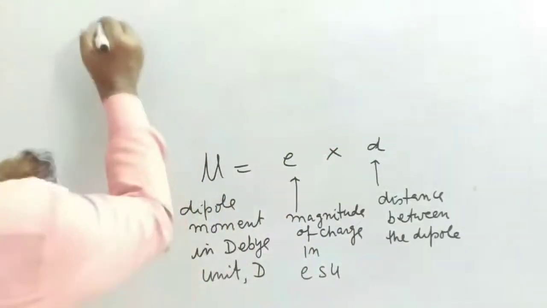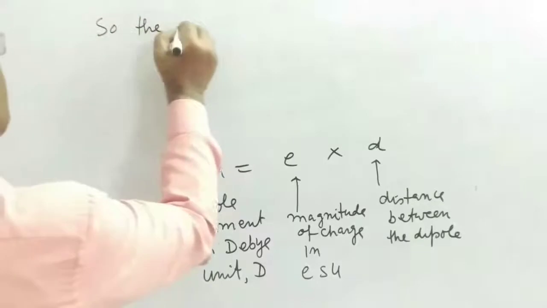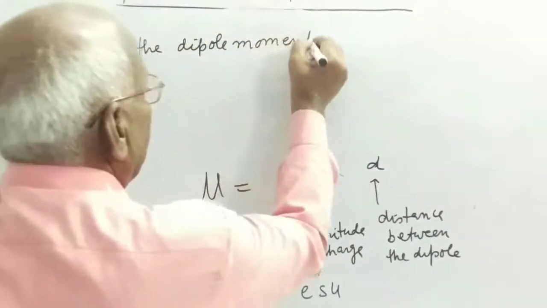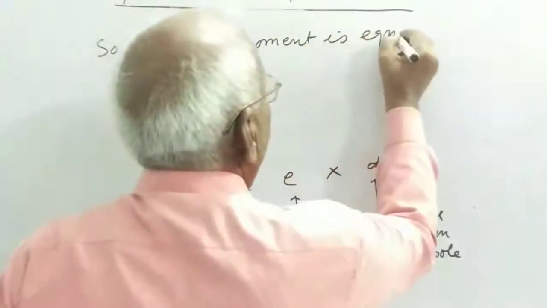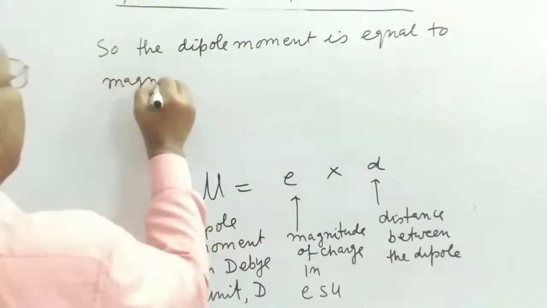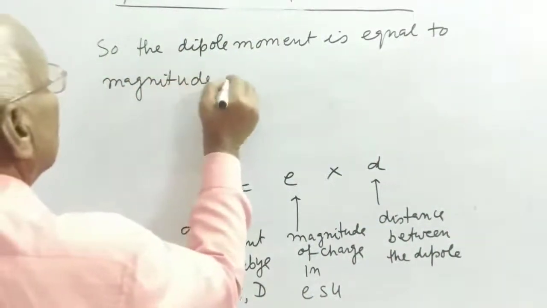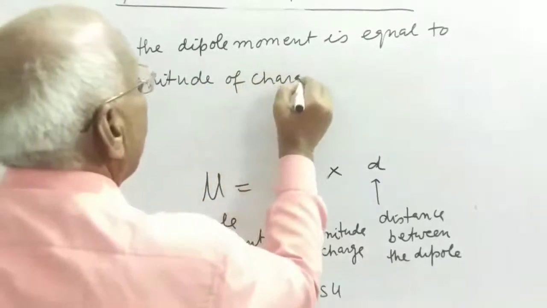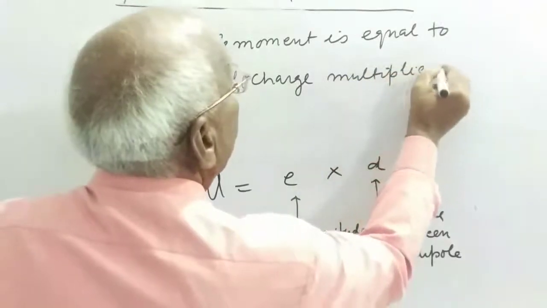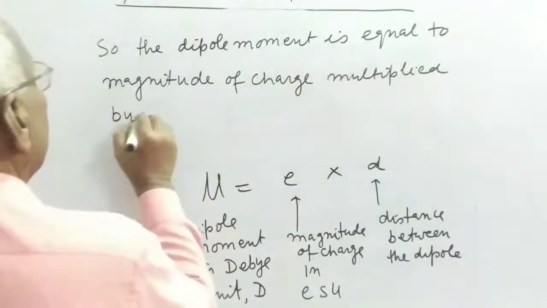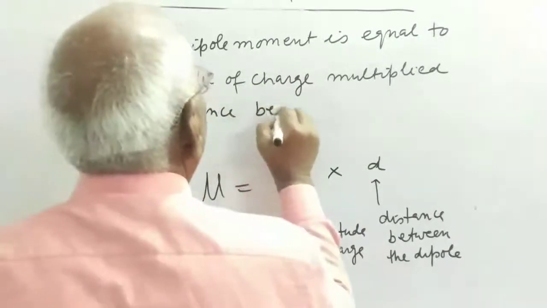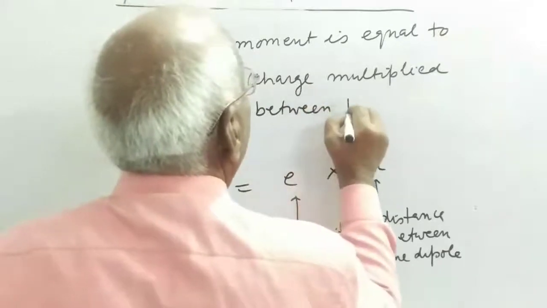So the dipole moment is equal to magnitude of charge multiplied by distance between the opposite poles.